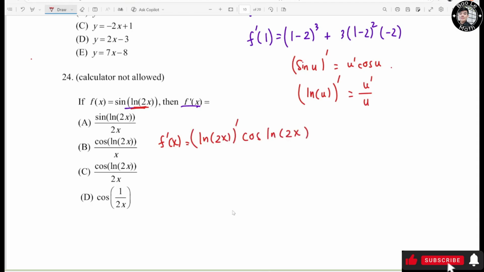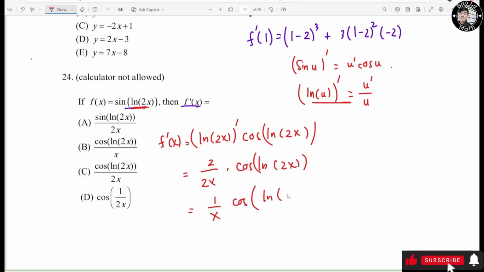And then I apply this formula right here. So it could be 2 over 2s times cosine of ln of 2s. So it could be 1 over s cosine of ln of 2s. So the answer must be B.